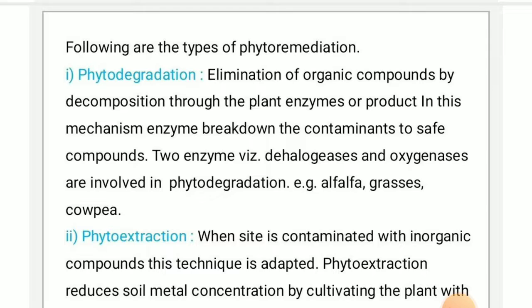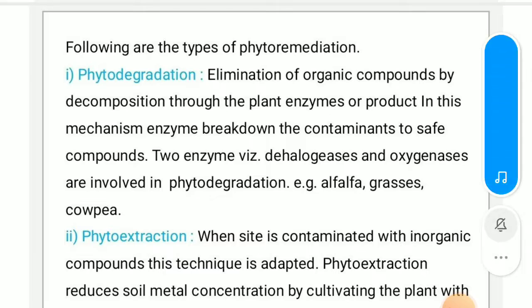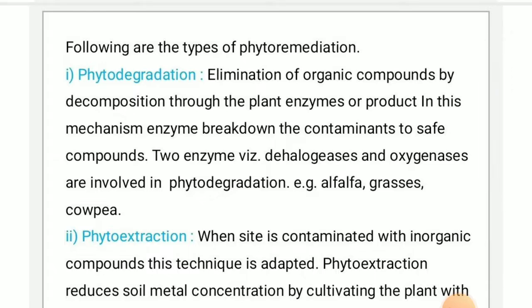Now the elimination of organic compounds by decomposition through plant enzymes is the product in this mechanism. The enzymes break down the contaminants into safe compounds. Particular types of enzymes are liberated through the activity of the plant.